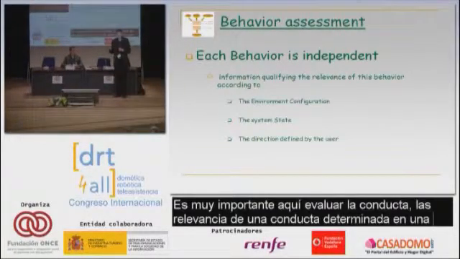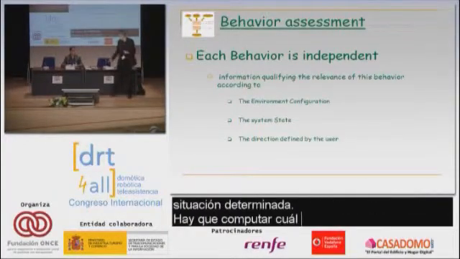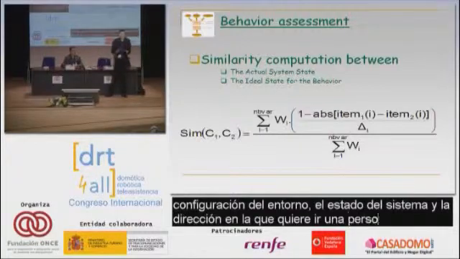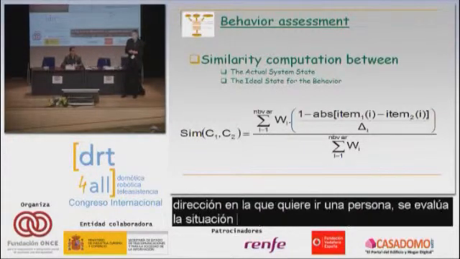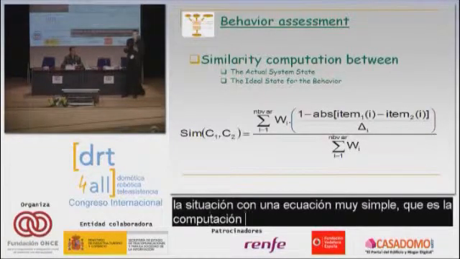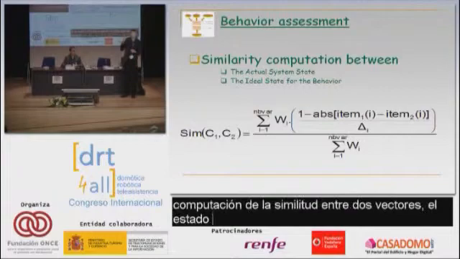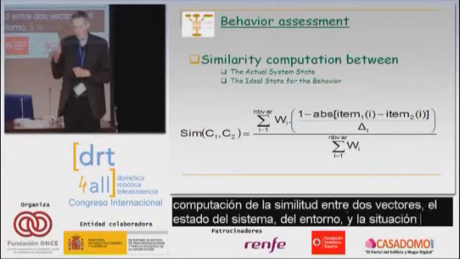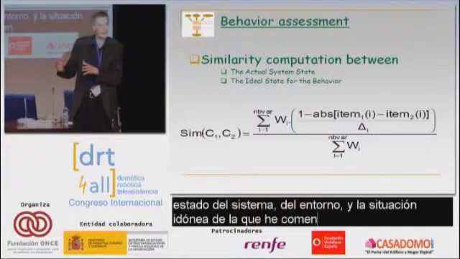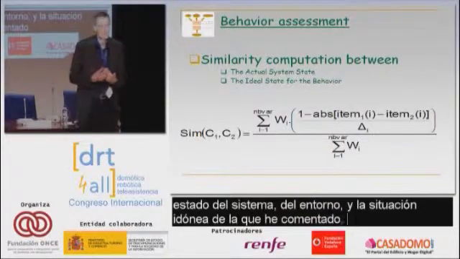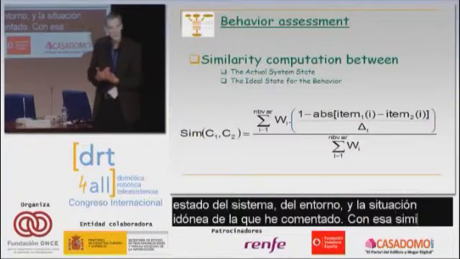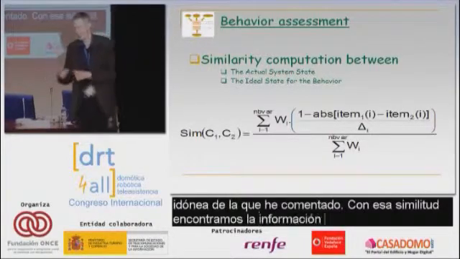And according to some information, the environment configuration, the state of the system, and the direction the person wants to follow, and with a very simple equation, which is a computation of similarity between two vectors, the state of the environment and the ideal situation. I spoke about this, the ideal situation, and if we realize this similarity computation, we find information that qualifies the relevance of using this behavior in this situation.